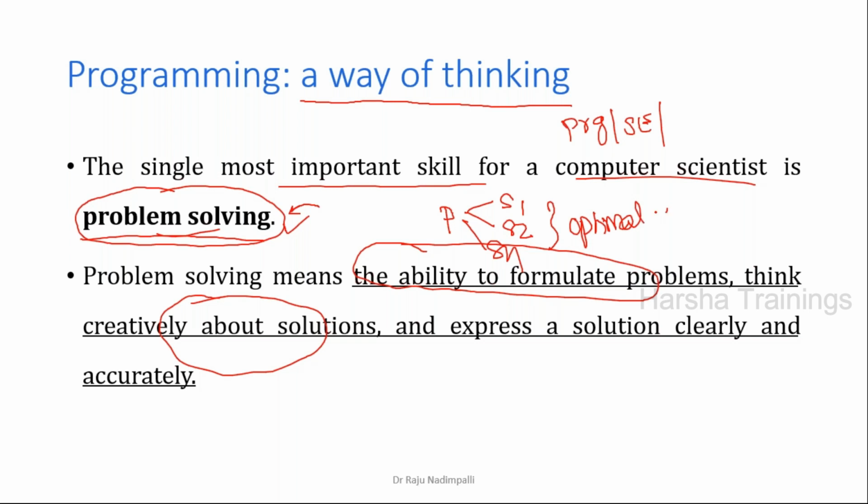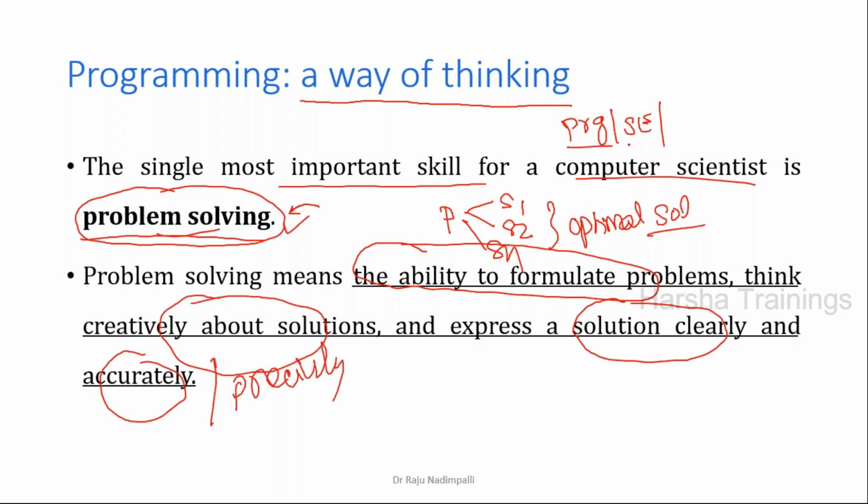This is what the industry needs, and you should express the solution clearly, accurately and precisely. That is the basic characteristic of a programmer, software engineer, or computer scientist. I hope you will accept my point.